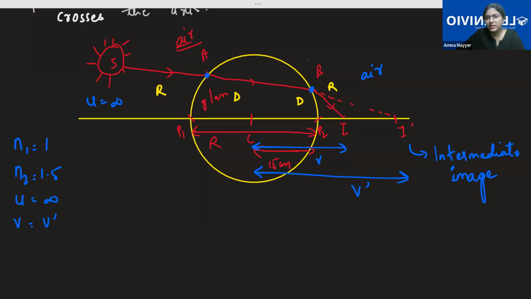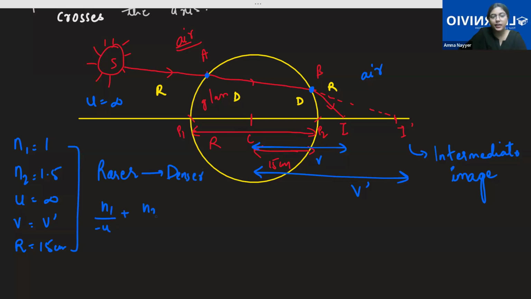Radius of curvature is fixed. The diameter of the entire glass is 30 centimeter, so radius of curvature will be 15 centimeter. N1, N2, U, V are all there. You have to apply the formula for rarer to denser: N1 by minus U plus N2 by V is equal to N2 minus N1 by R. Straight away we'll be using this formula.